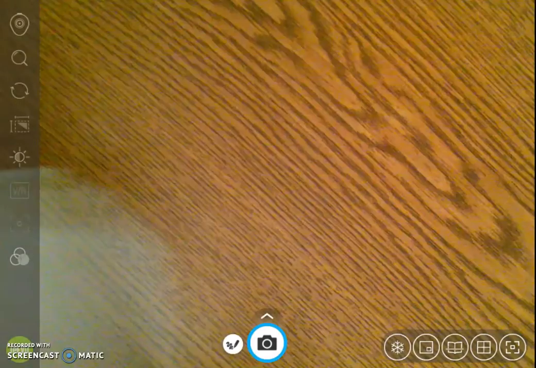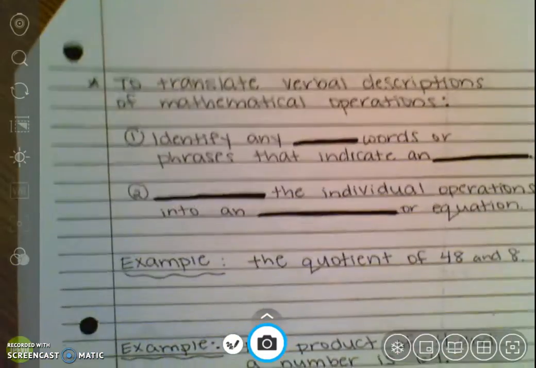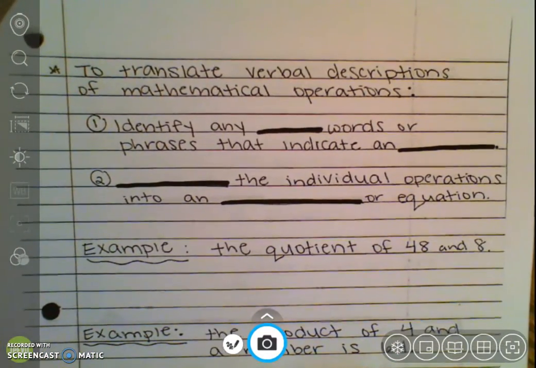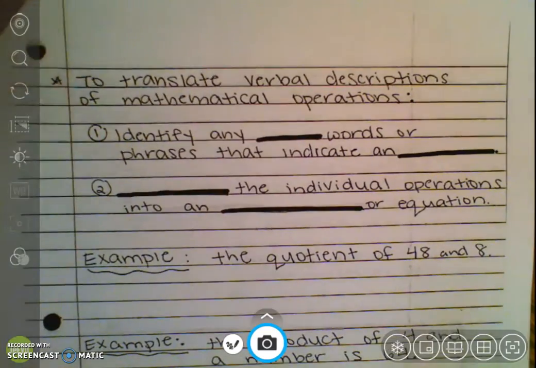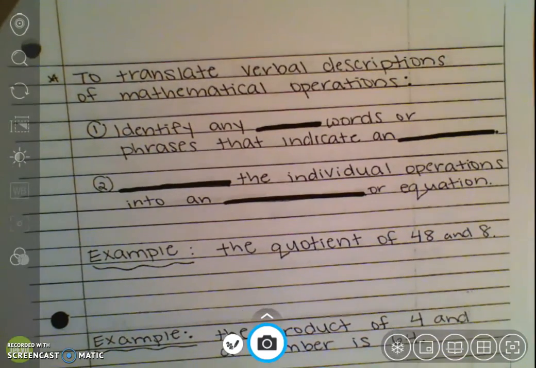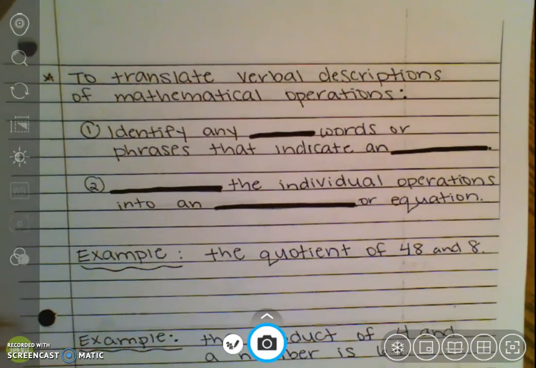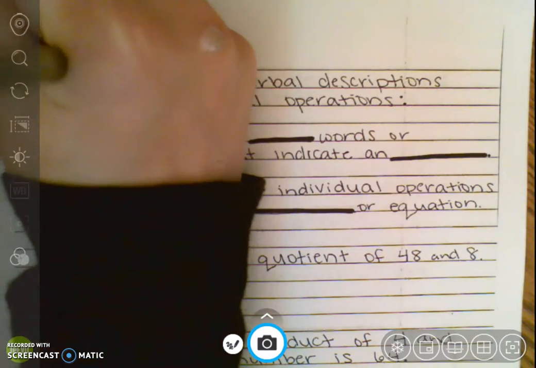So next page. Okay, on the next page of the notes, it says to translate verbal descriptions of mathematical operations. These are your steps. If you want to, write the word steps up top.